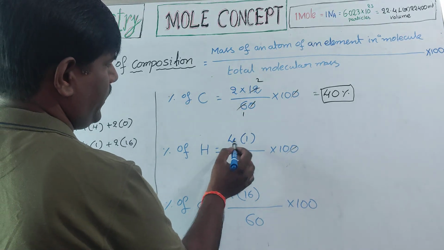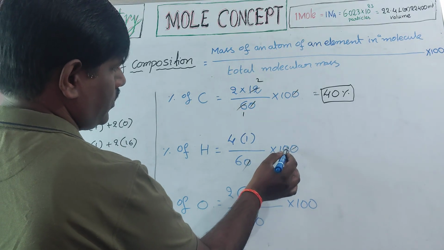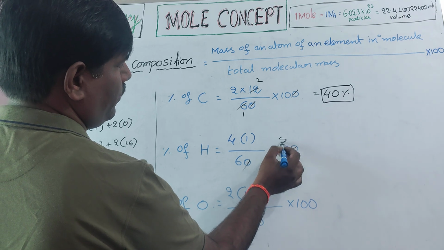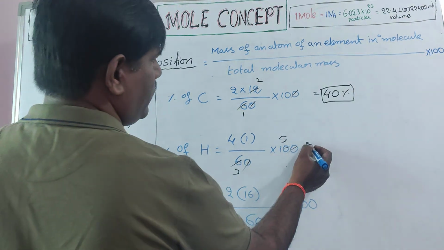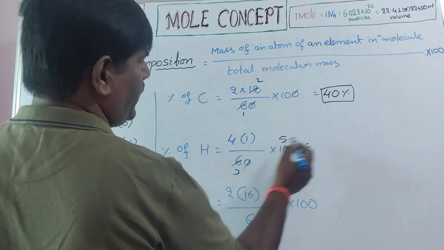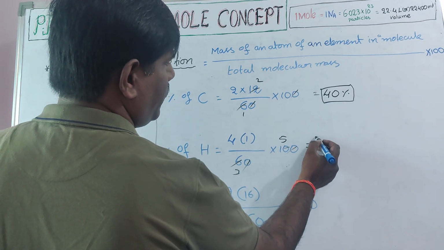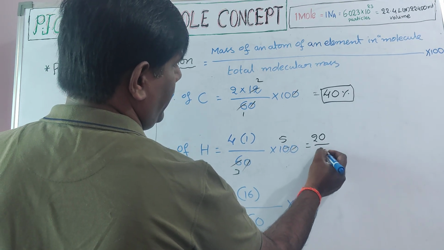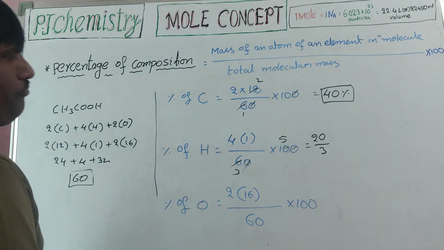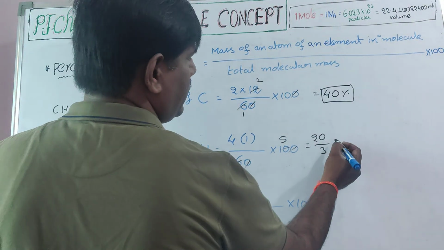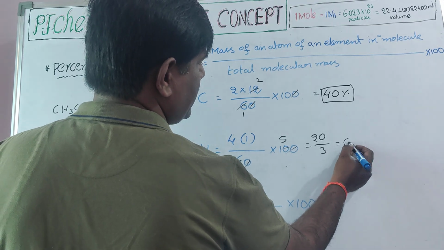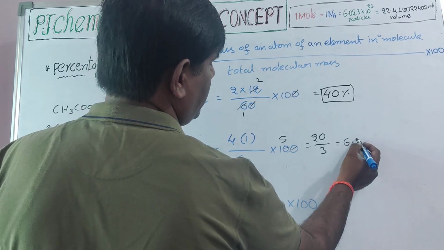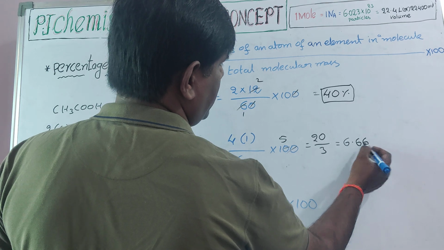Still, we can simplify. 2 fives, 2 threes. So, 20 by 3. 20 by 3 means, still simplify, 6.66.